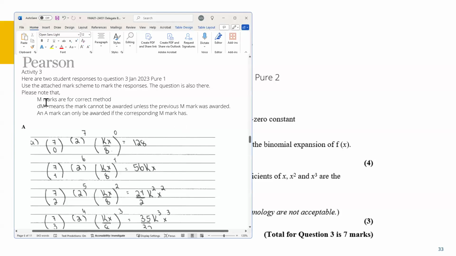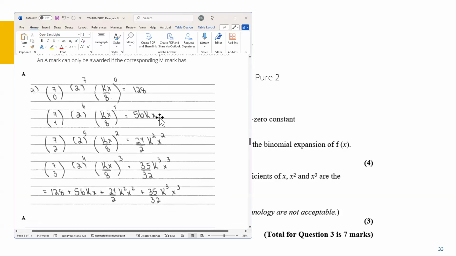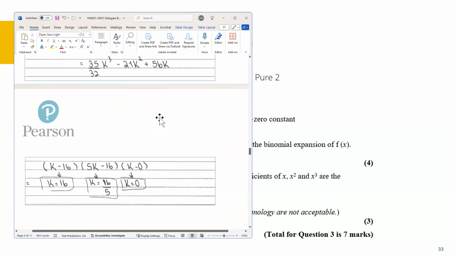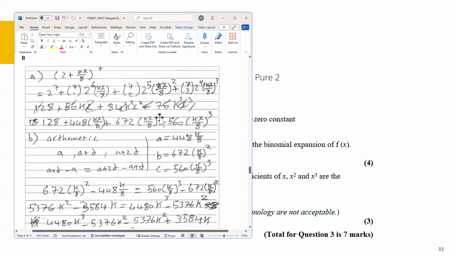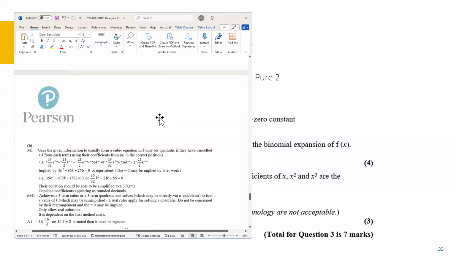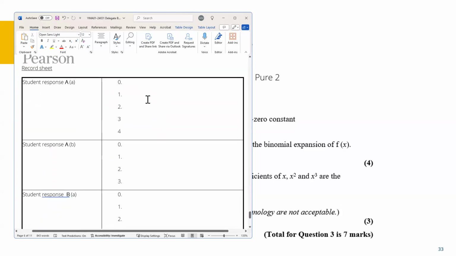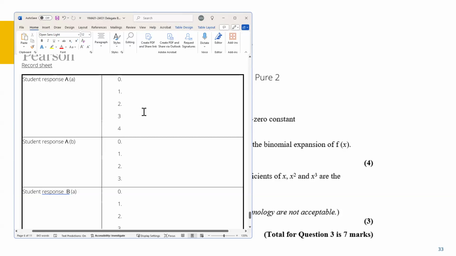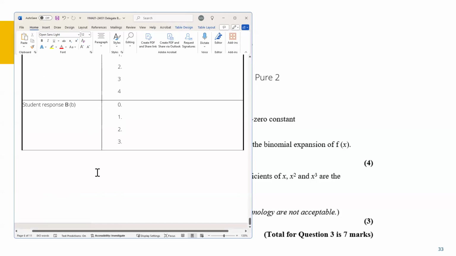Then please note that M marks are for correct methods, meaning the mark cannot be awarded unless the previous mark was awarded, and the A mark is only awarded if the corresponding M mark has been. So there's response A for part A and part B. And then there's response B, a second student, part A and part B. And there's the mark scheme there with the notes. So I would suggest, on the record sheet here, that you record how many marks you would give for student A, parts A and B, and student B, parts A and B.